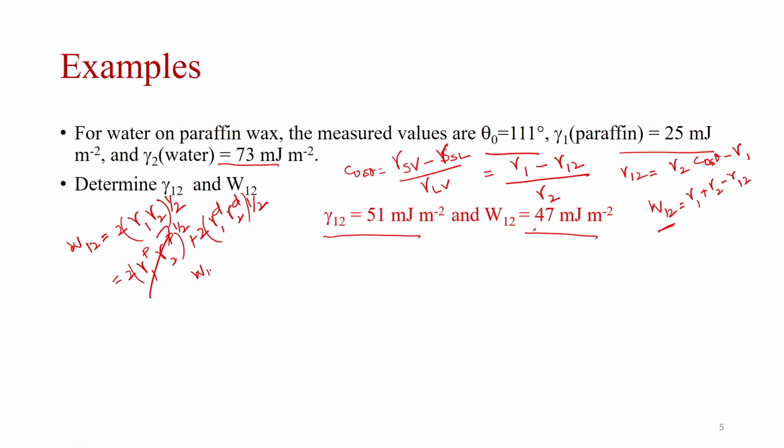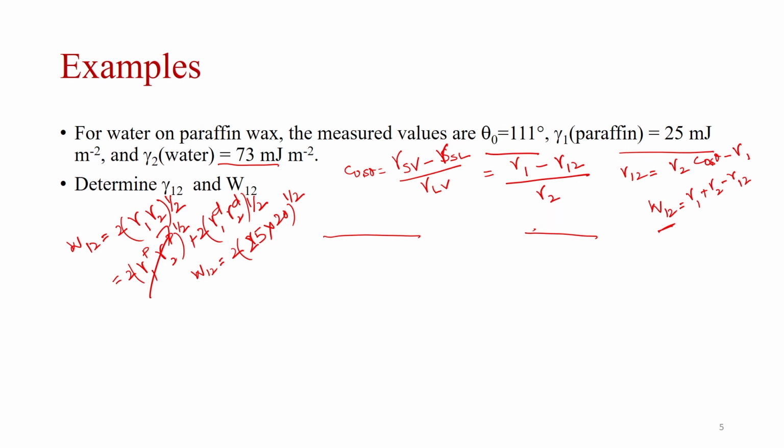W12 will be simply twice of the square root of the dispersive component of paraffin, 25, into that of water, 20, to the power half. If we calculate, we will get a value very close to what we calculated, 47 millijoule per meter square. So, we can calculate the work of adhesion even if the contact angle is not known.